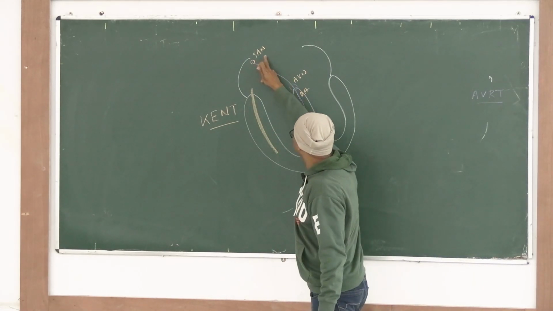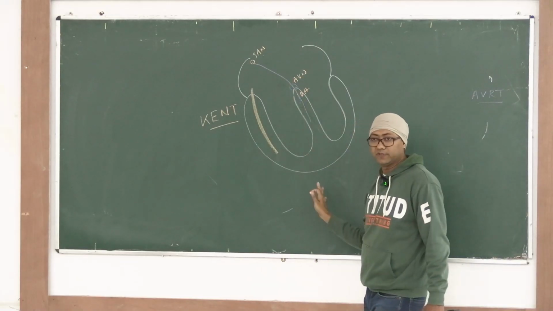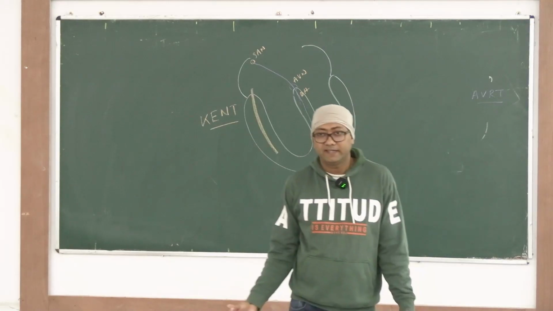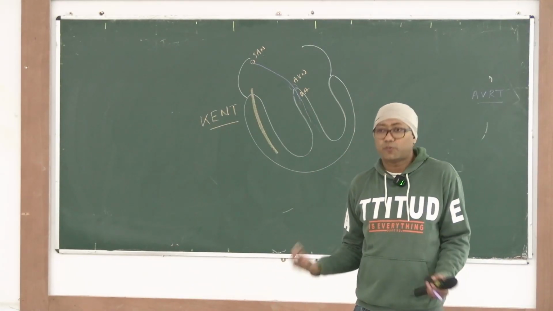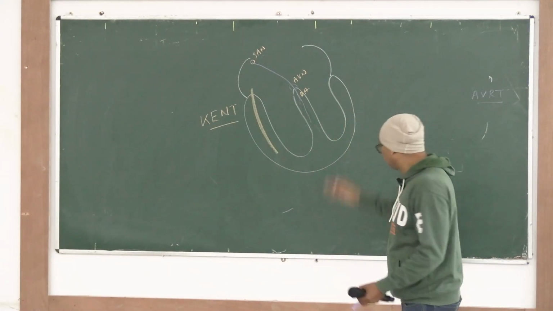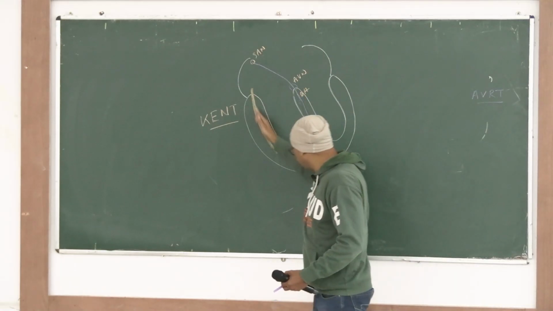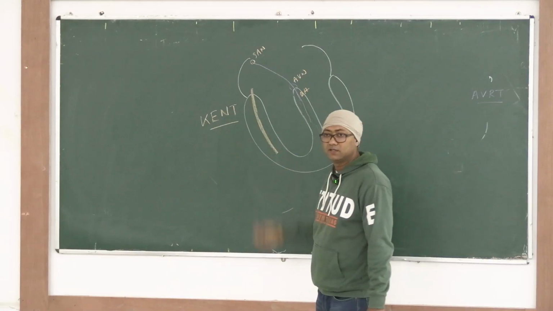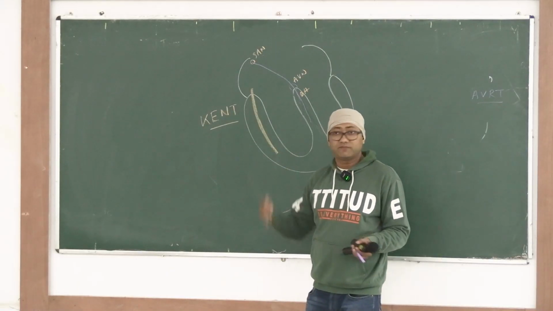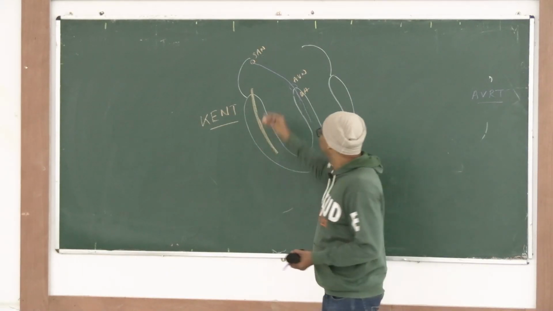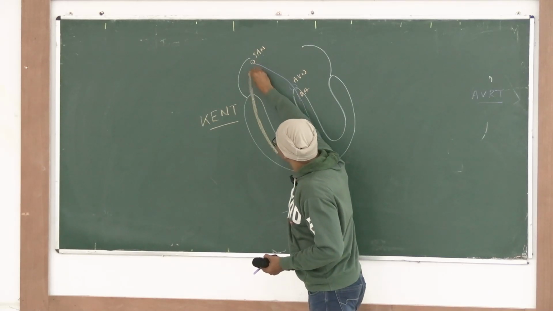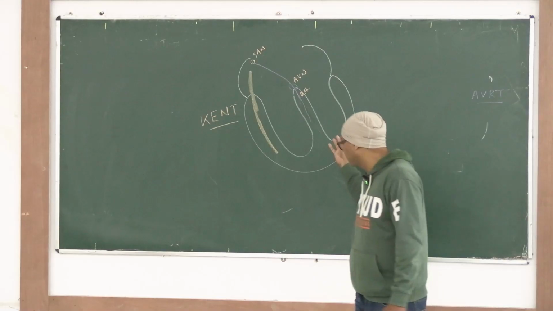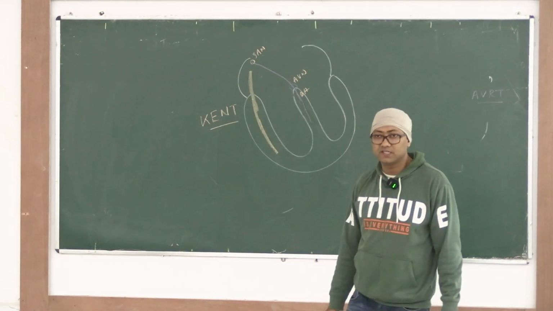Action potential can travel through the normal pathway, definitely, but it has got another option. Let us bypass this. I will travel through this direction. This pathway is easier, through bundle of Kent. So, action potential can travel through the normal route, that is SA node, AV node, bundle of His, and reach the ventricle.